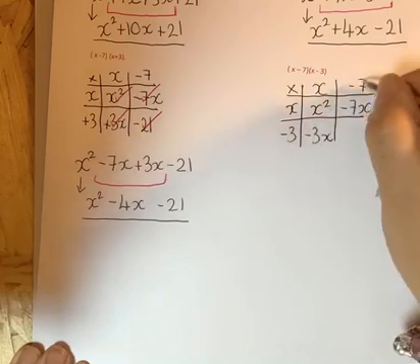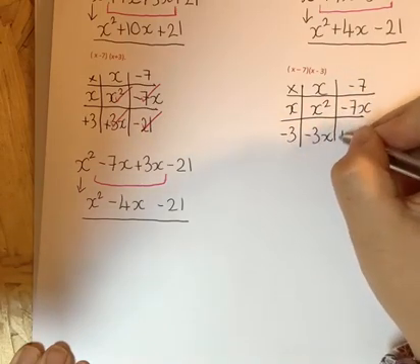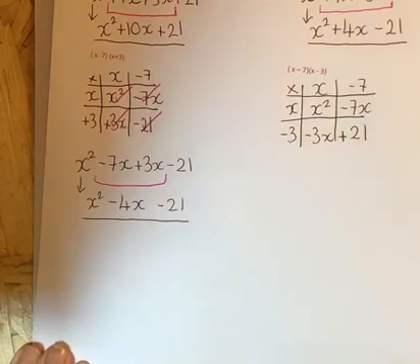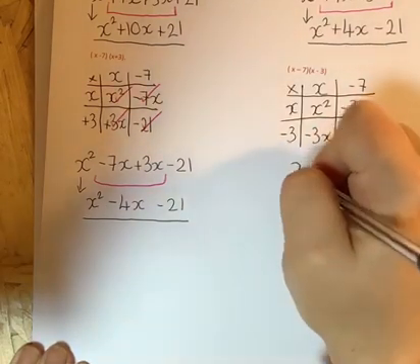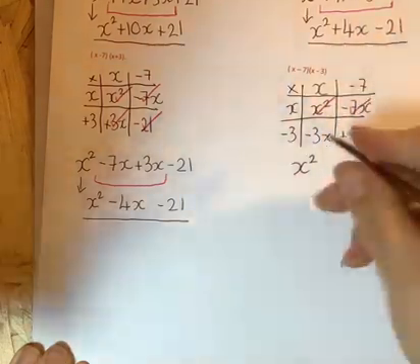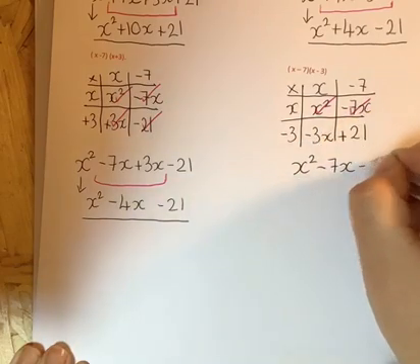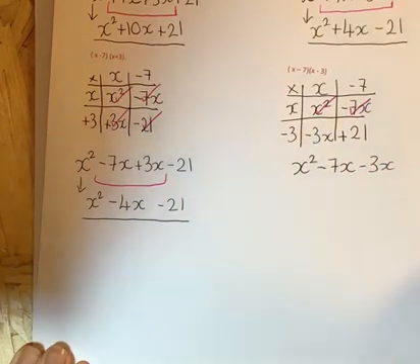And -3 multiplied by -7, a negative multiplied by a negative is a positive, so it's positive 21. So we're going to write these down. We've got x squared and we're going to tick it off. And then take away 7x. Then we've got take away 3x. Tick it off. And then we've got add 21.